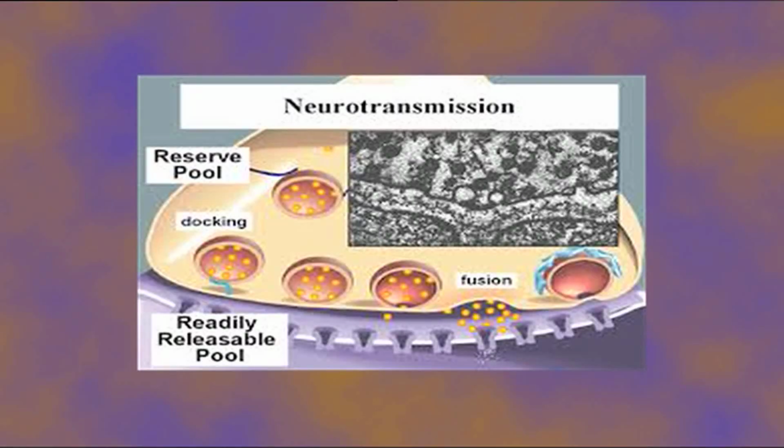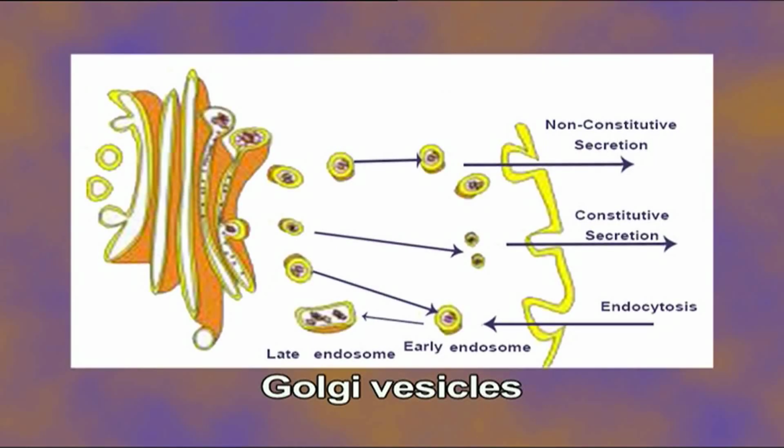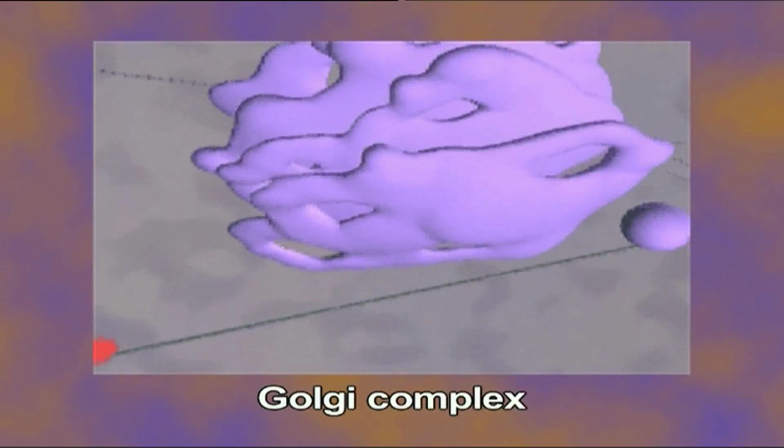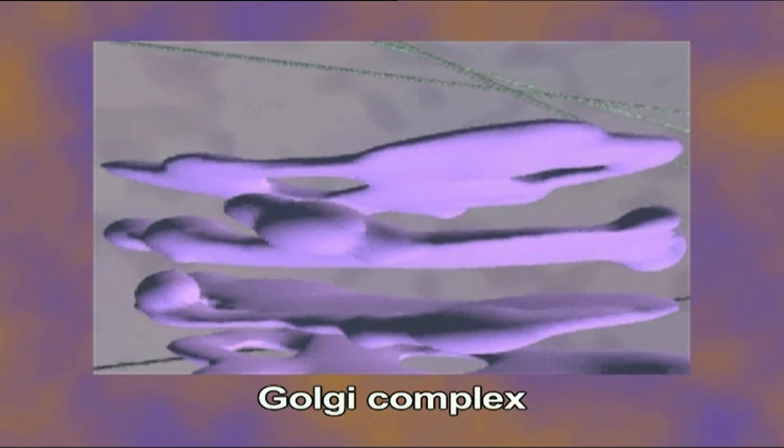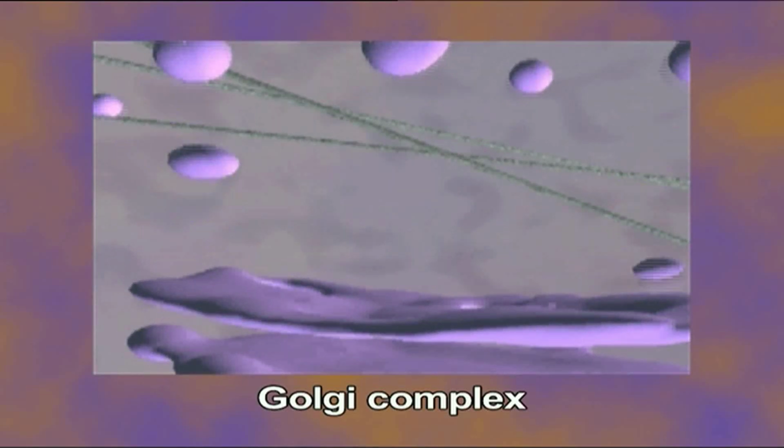In the regulated pathways, molecules are stored in secretory vesicles, as in the case of hormones, or as synaptic vesicles in the case of neurotransmitters, which do not fuse with the plasma membrane to release their contents until an extracellular signal is received. Regulatory pathways of exocytosis operate only in specialized secretory cells. The constitutive secretory pathway operates in all cells, mediated by continual vesicular transport from the trans-Golgi network to the plasma membrane.